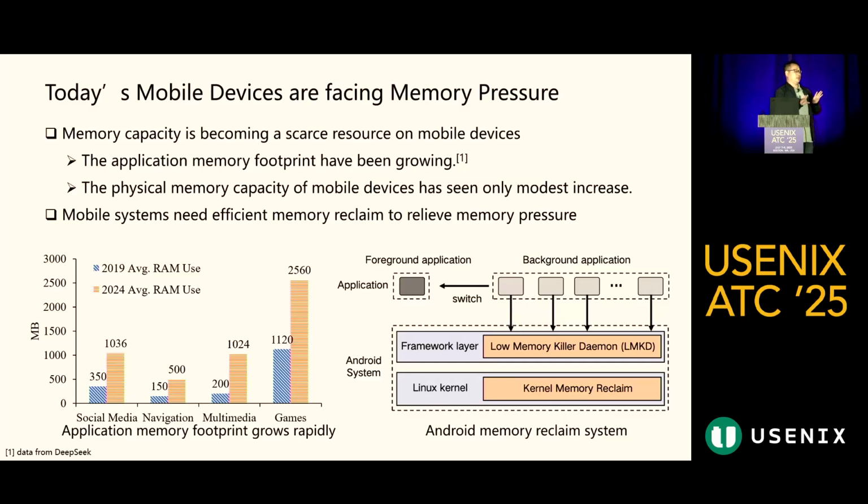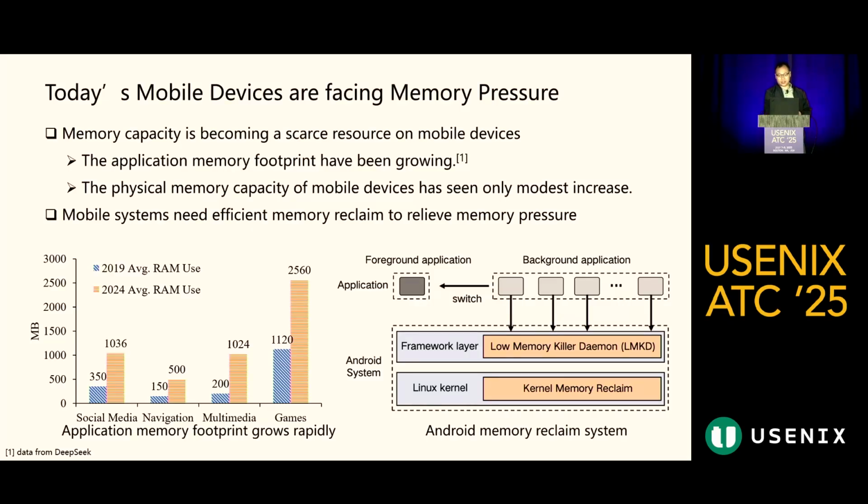So there is a big gap between the memory capacity growth and the application memory footprint growth. This big gap should be addressed by the design of the operating system. A very important component in the Android system is the swap system. It is designed to relieve the memory pressure.